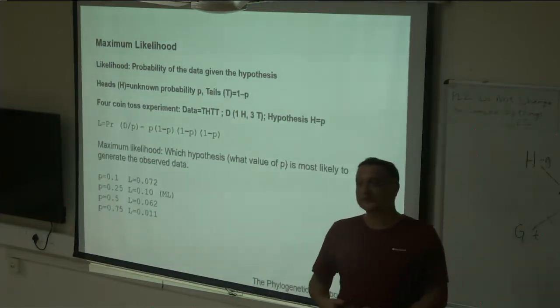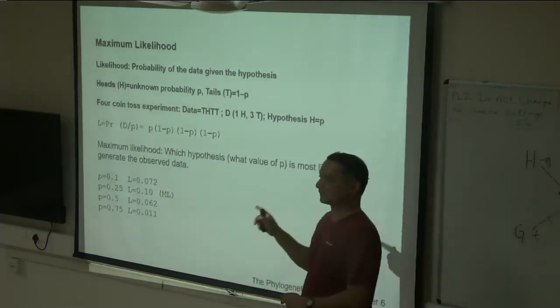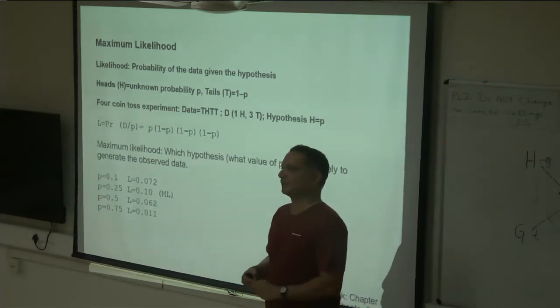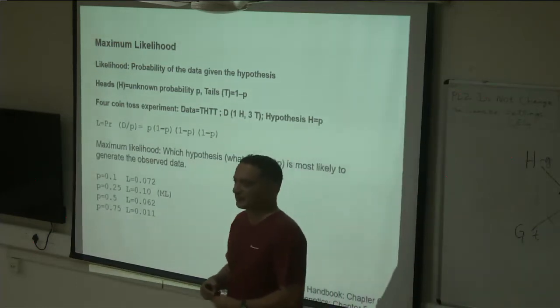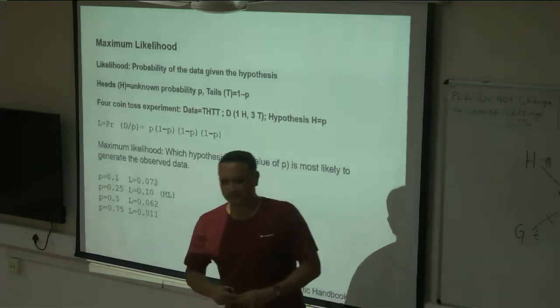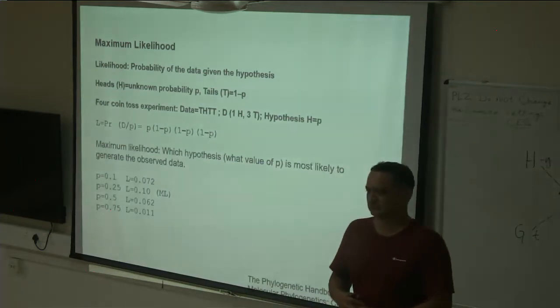Now, one can think of many hypotheses that can give you that kind of data. One hypothesis is that the coin is fair. The other hypothesis is the coin is not fair.